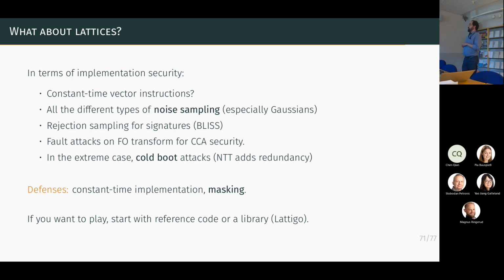Other papers deal with the Fujisaki-Okamoto transform, which gives CCA security, by doing fault attacks and making the checks in the transform pass even though that's not the case. And in the very extreme case of side-channel attacks, there is a very nice paper doing cold boot attacks, in which you pick a RAM memory that's frozen and try to recover keys from there.